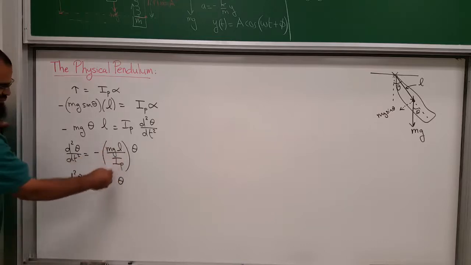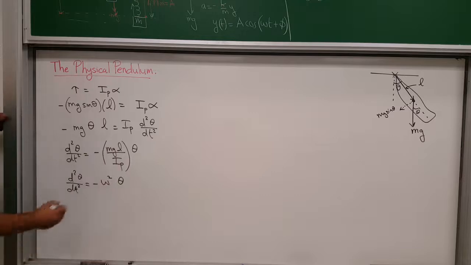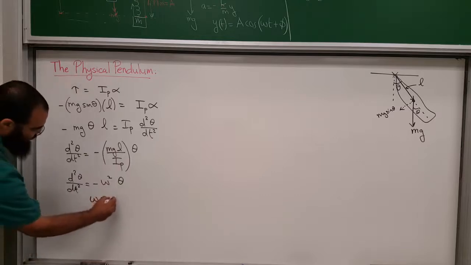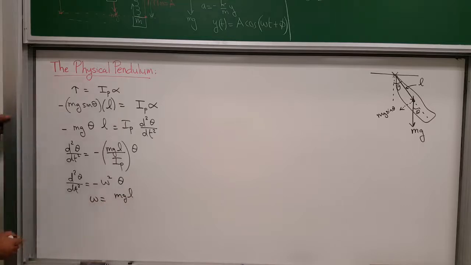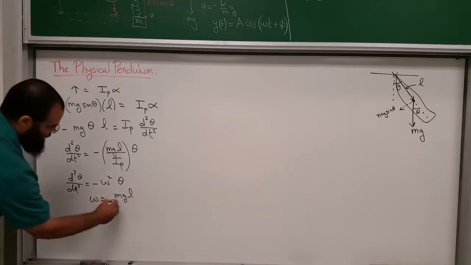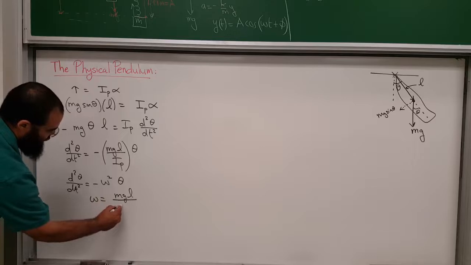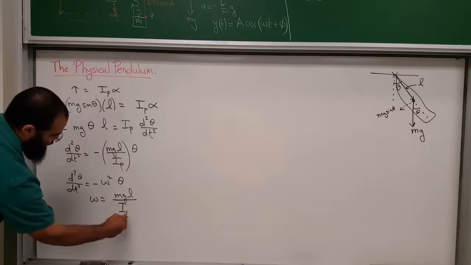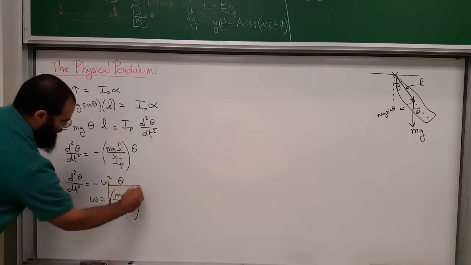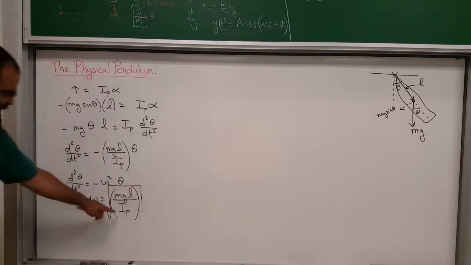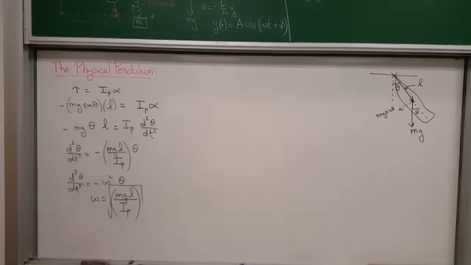And we identify this part as omega squared. And therefore omega will be the square root of mgL divided by IP. And IP again is the moment of inertia about the pivot point.